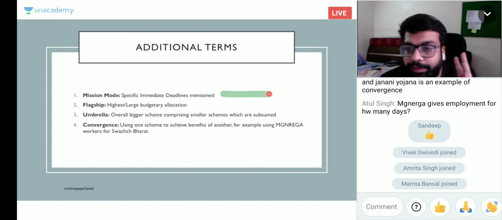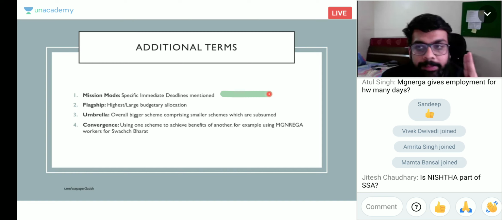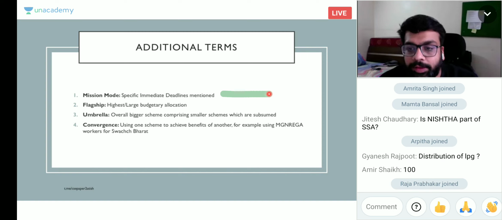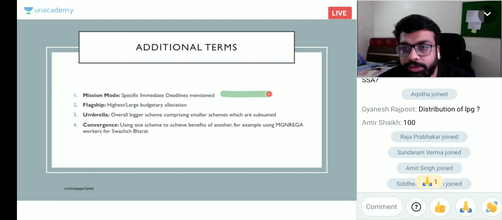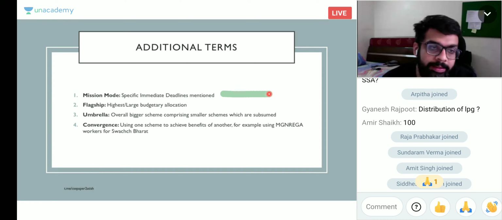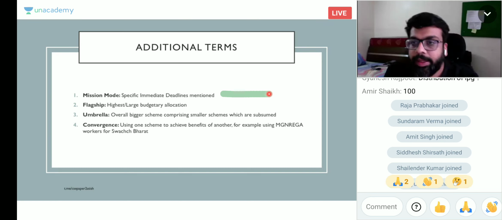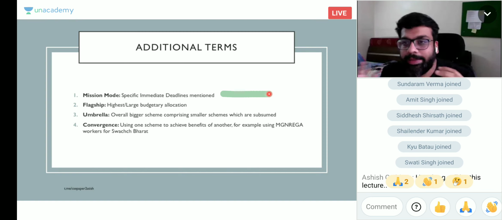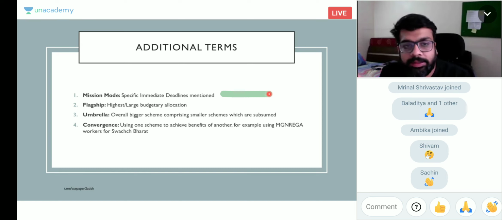Second, flagship. Flagship is when whichever scheme of the ministry has received the highest amount of funds from the ministry is called a flagship scheme. So, for example, Samagra Shiksha is flagship for education. Third, umbrella. If there are multiple schemes largely doing the same thing, you could merge them together. They're in the same sector, they're relating to either the same thing or different parts of the same sector.